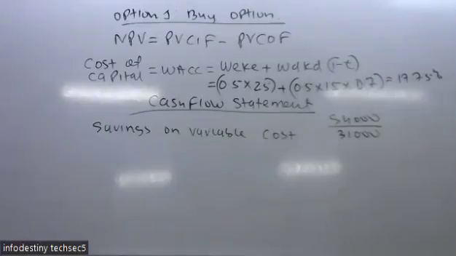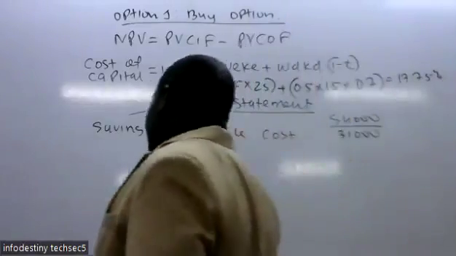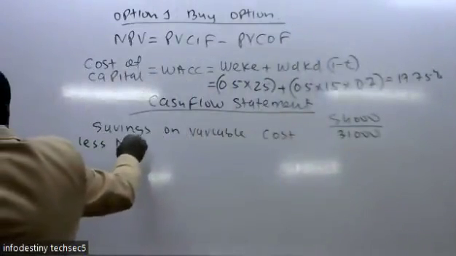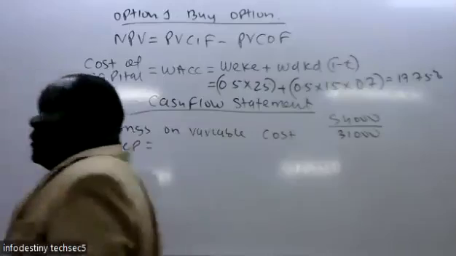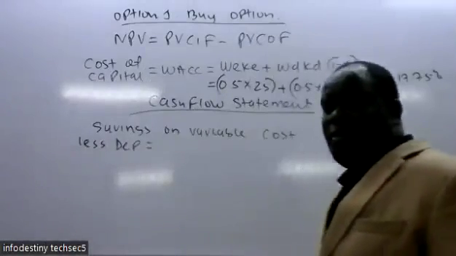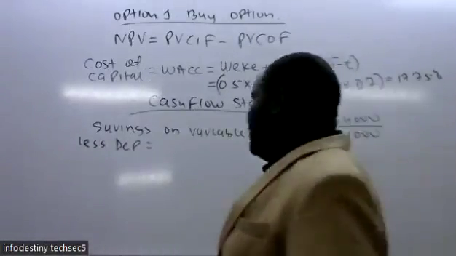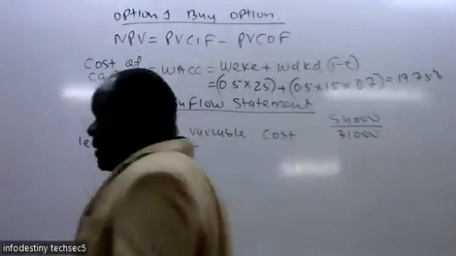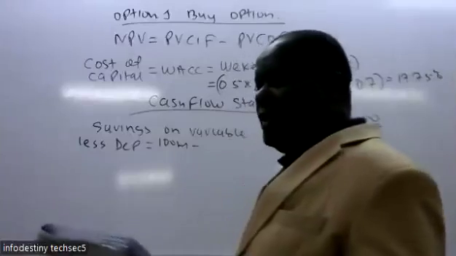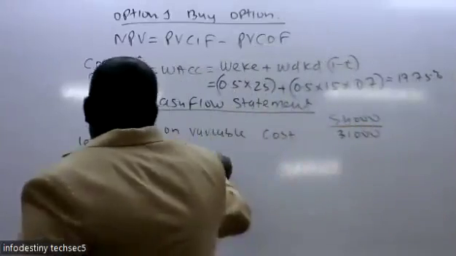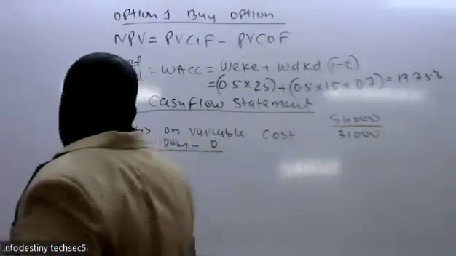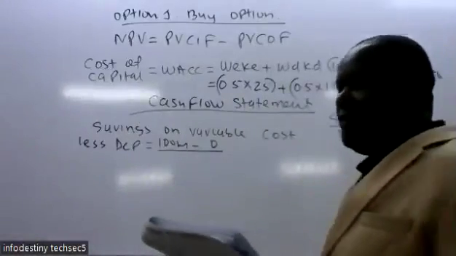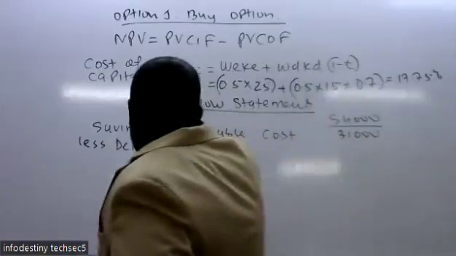Then apart from the savings on the variable cost, you less depreciation, which is on the straight line basis. Initial cost has been given as 100 million. They said there was no salvage value. Salvage value will be 0, but economic life, they gave us how many years? The economic life is 8 years.